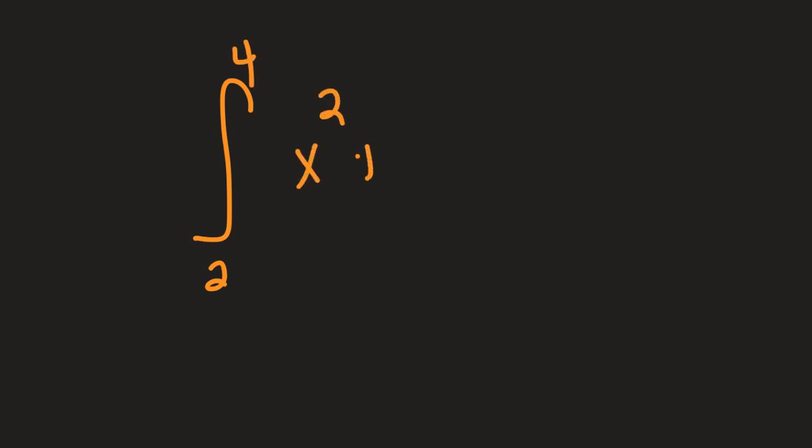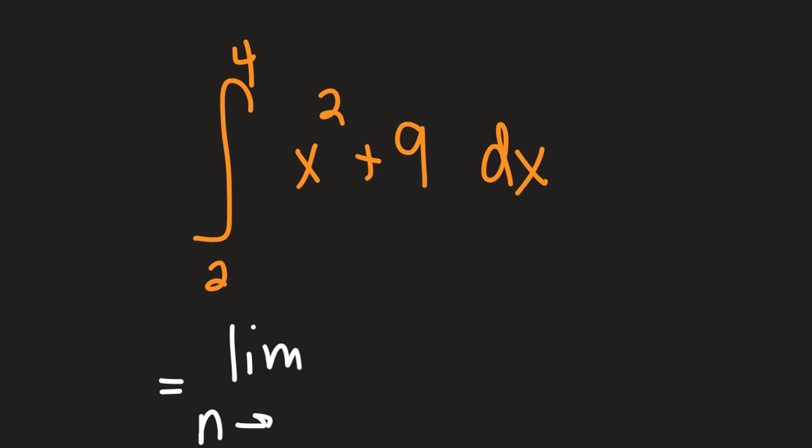Okay, let's do another example. How about the integral from 2 to 4 of x squared plus 9 dx? Okay, so we start with the limit as n approaches infinity of our sigma notation from i equals, sorry, not n, but i.